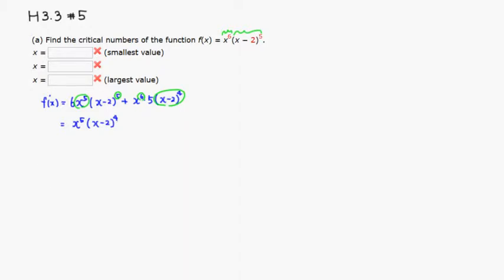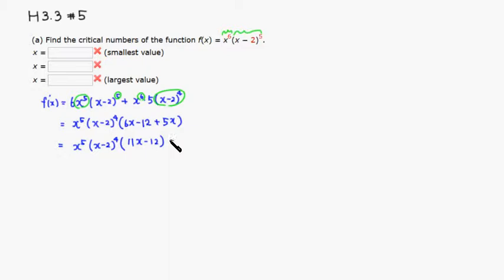Seems like that's all you have. So you have, let's say, 6x minus 12 plus 5x, and that's it. So this is going to be equal to x to the 5th times quantity x minus 2 to the 4th power, and that will be 11x minus 12.